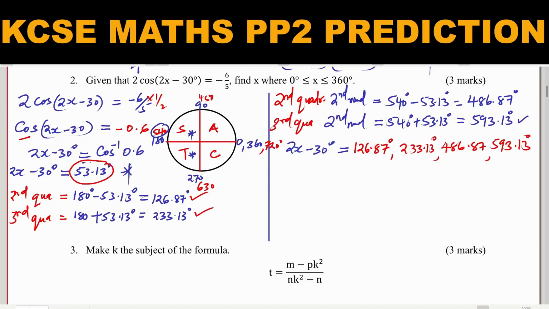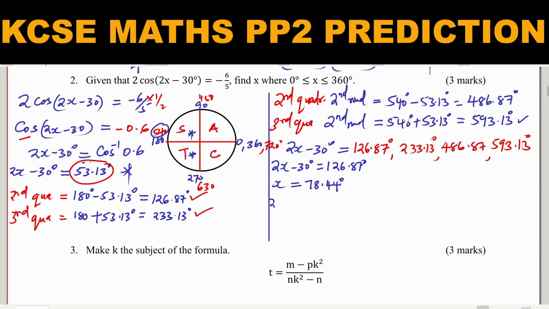So now to get the value of x, this is what you do. 2x subtract 30 degrees equals 126.87 degrees. So x will be given by 126.87 plus 30 divided by 2. So x there will give 78.44 degrees. That is the first angle.